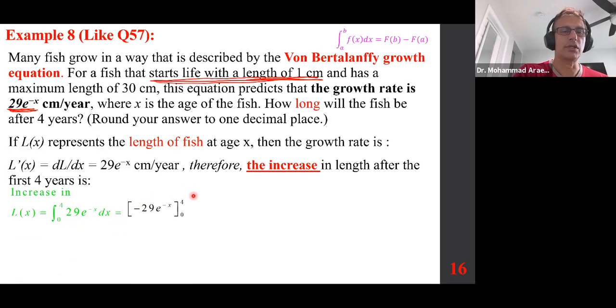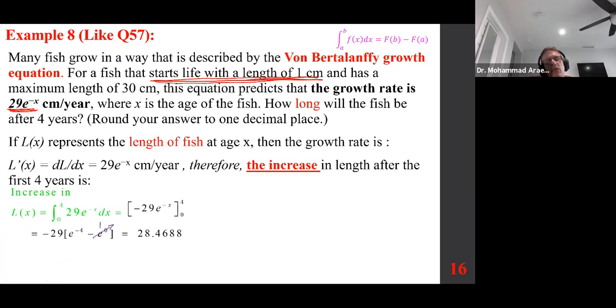Plug in 4 instead of x and plug in 0. So -29 times e to the power minus 4 minus e to the power of 0. I want you to know that you really have to use a calculator here. Of course, e to the power 0 is 1, but you have to use a calculator for e to the power minus 4. And we are going to have a bunch of decimals.